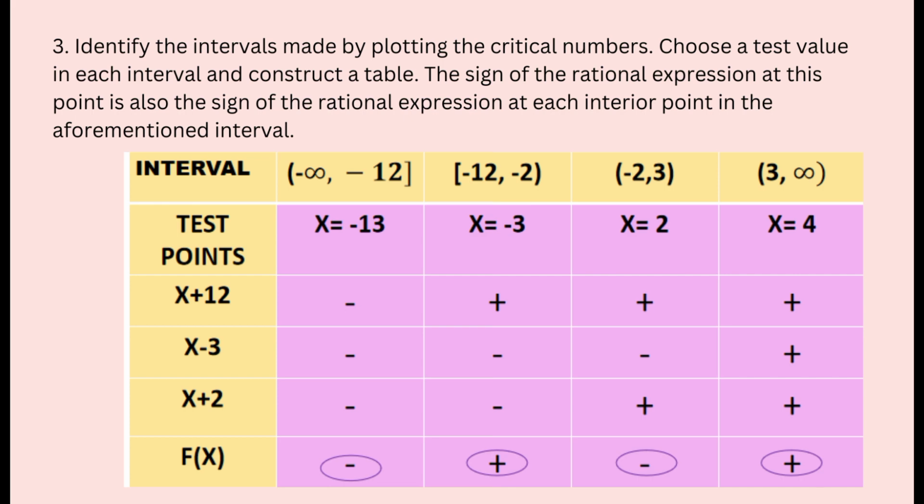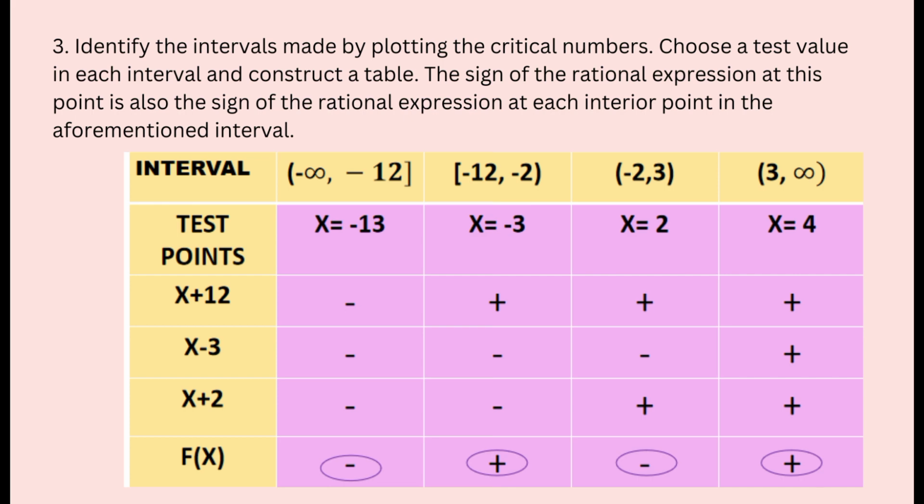Now, to know the sign of the f of x in the lower part of the table, we're going to multiply the signs. So, in the first interval, negative times negative is equal to positive, and positive times negative is equal to negative. Next, we're just going to repeat the process.